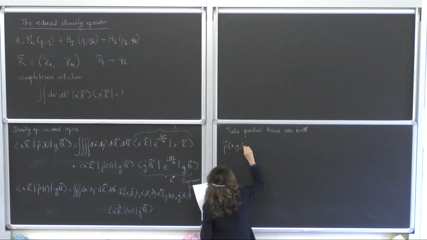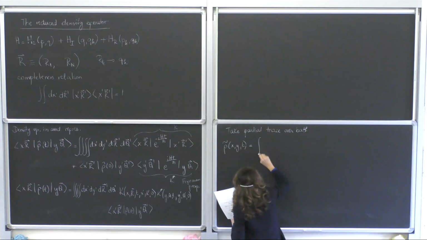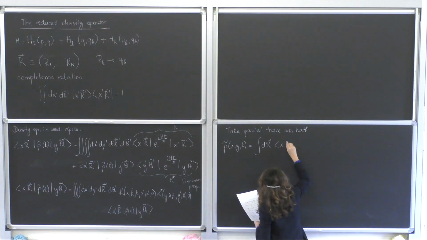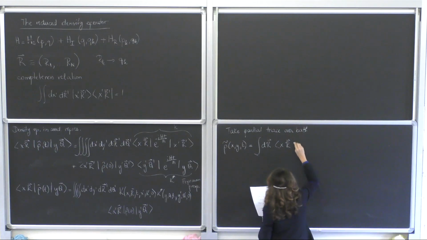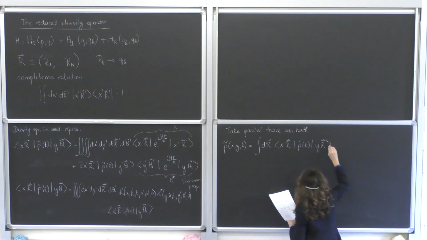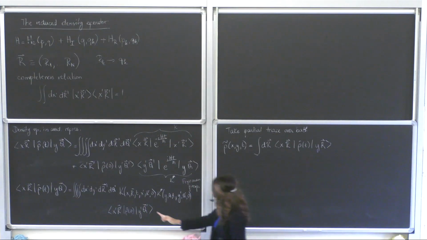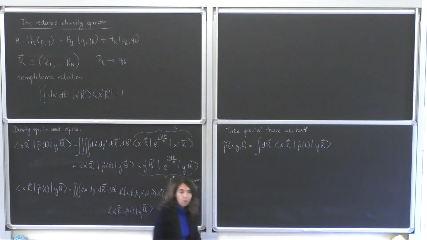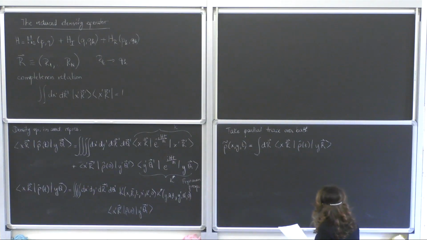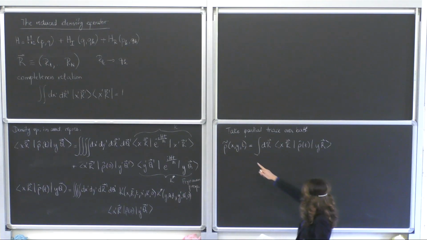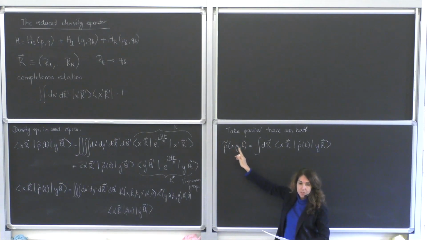Which is now only a function of X and Y. So X, R, rho of t, Y, R. Okay? So I have to take here Q equal to R and integrate over all R. That's the meaning of taking the trace. And then I get the reduced density operator, which now depends only on the system coordinates, X and Y.